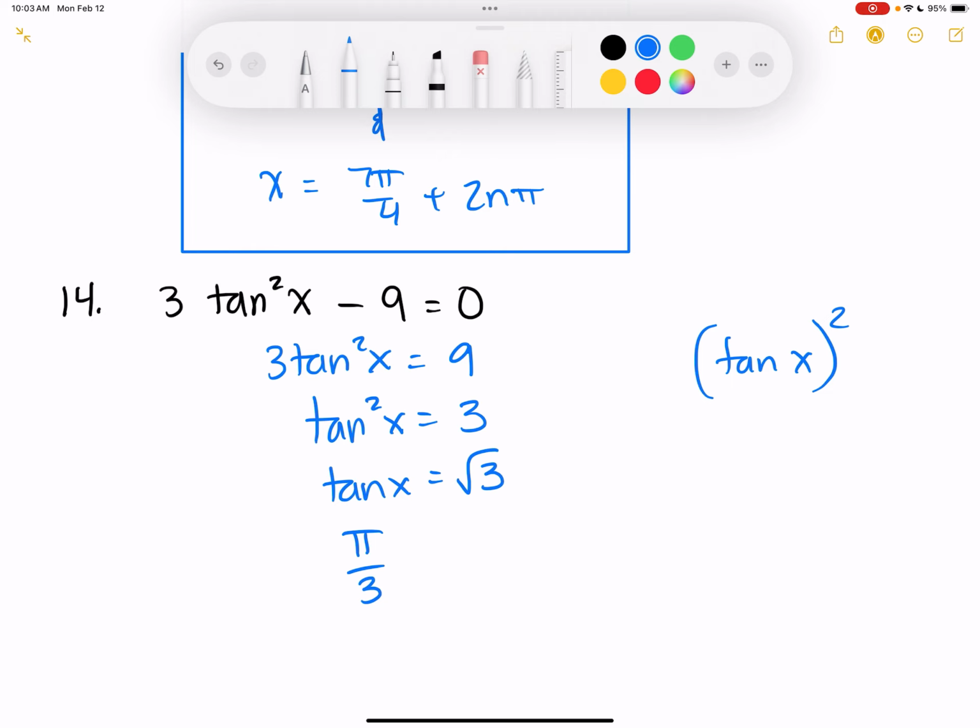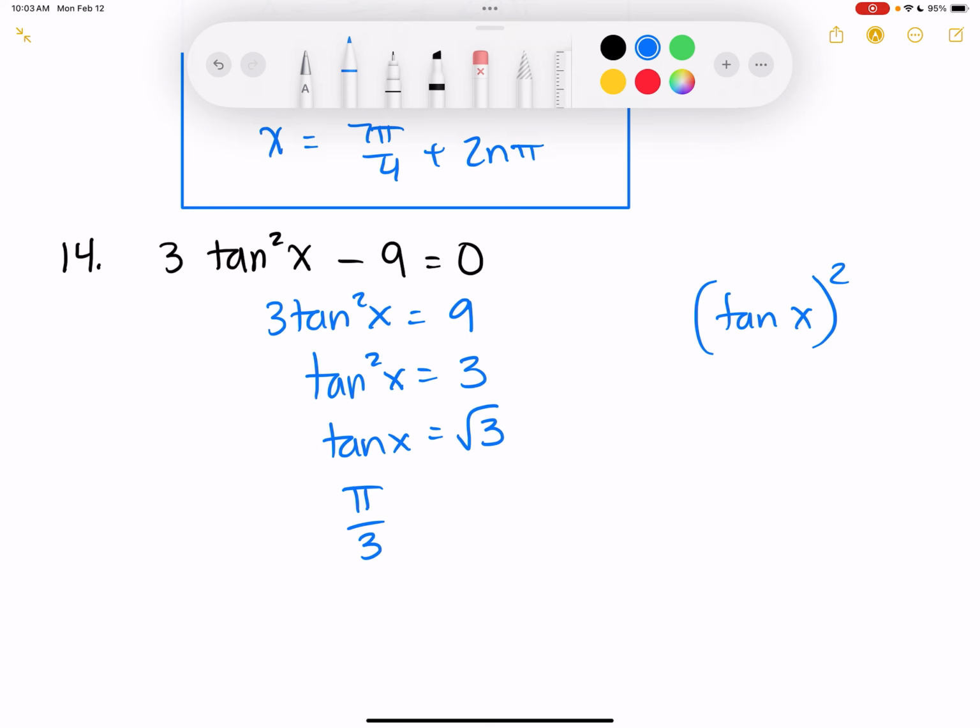All right, I have a question. If I gave you this, what's the answer? 3. Yes. Okay, so y'all are gonna figure it out.